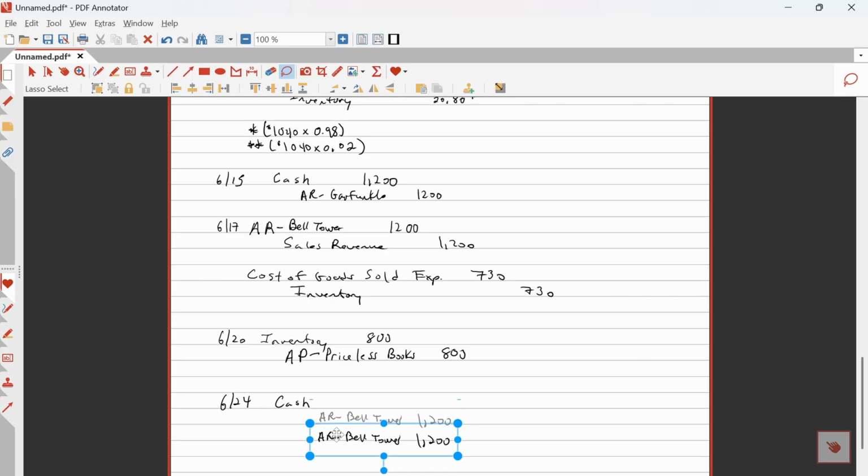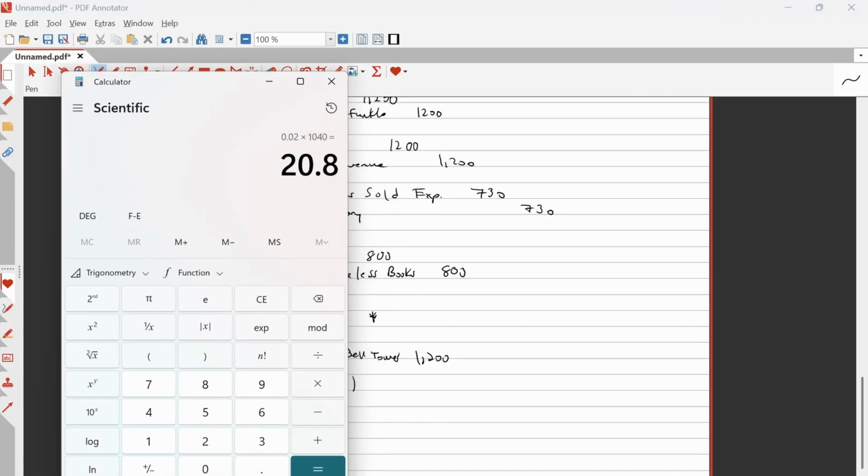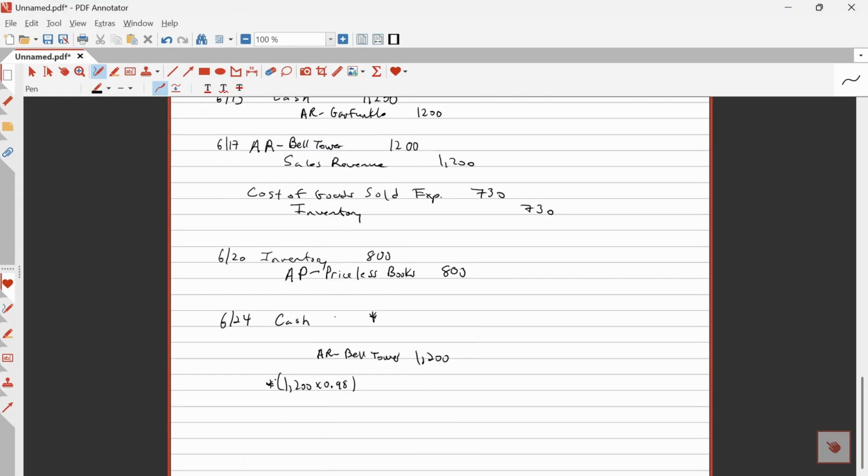But they're not paying us $1,200 to satisfy the $1,200. They're only paying 98% of $1,200. So the number that goes here is 1,200 times 0.98. That's how much we're getting from Bell Tower: $1,176. And the other $24, which is computed as 1,200 times 2%, is the discount.